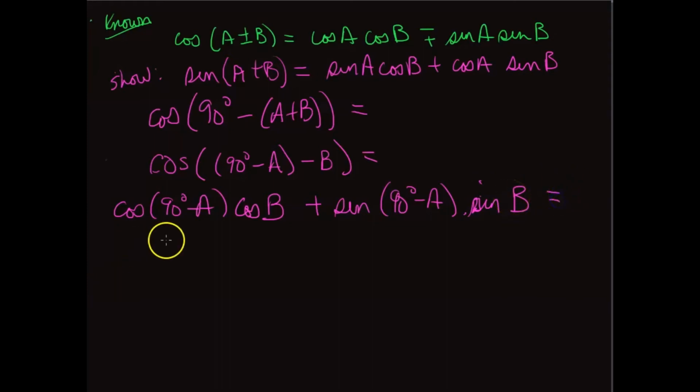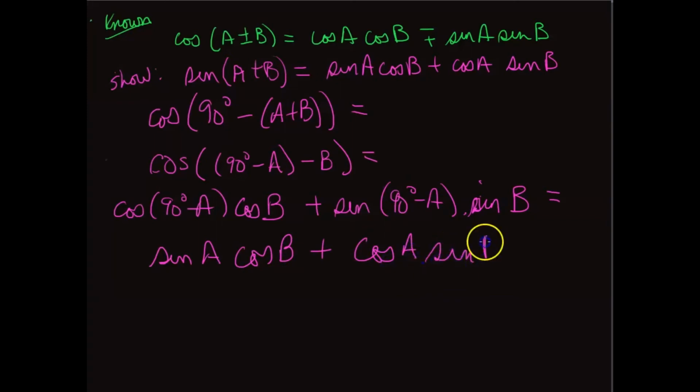Now, the cosine of 90 degrees minus a is the cofunction identity too. That's the sine of a, cosine of b, and the sine of 90 degrees minus a is the cosine of a, sine of b. So it's the sine a cosine b plus cosine a sine b.